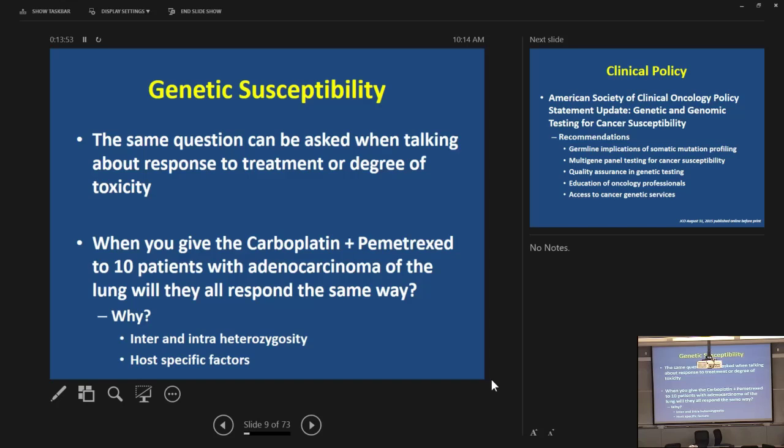Maybe the chances would be more likely that they might respond the same. But we have to take into account not only the genetic factors, but the environmental factors that may lead to not only germline mutations, but also somatic mutations, right? This is the bane of our existence in oncology, why everyone does not respond.